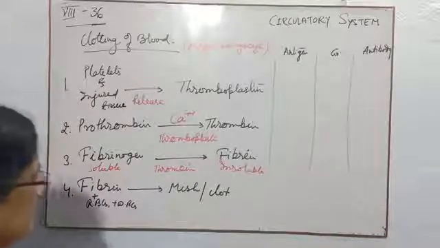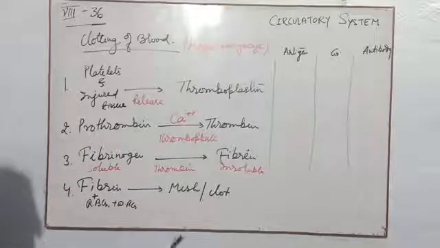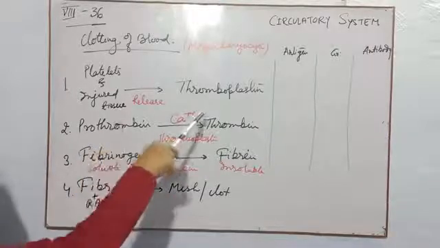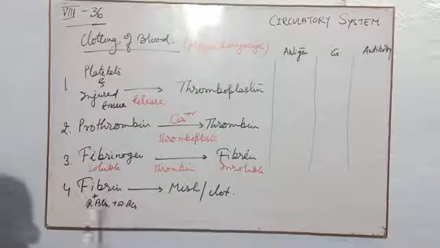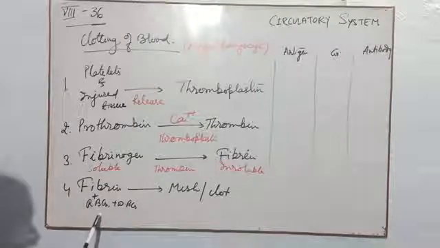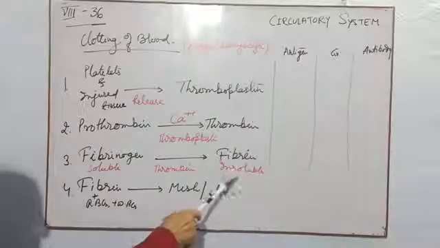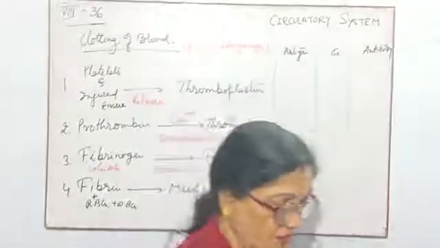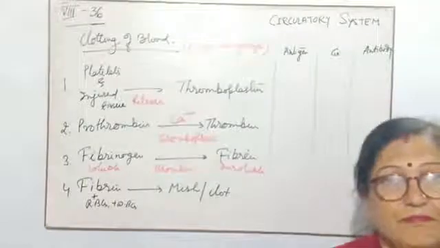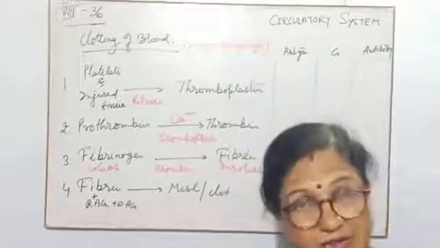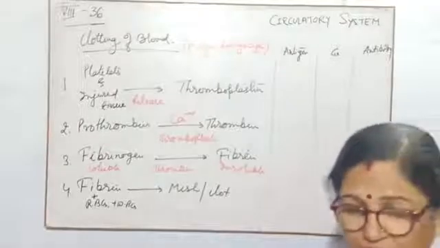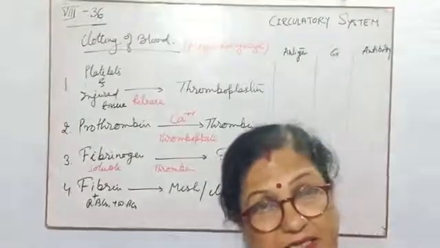So after the third step, when fibrin, the insoluble protein, is formed, then in our blood there will be no platelets, as they have released it. Other cells are there, RBCs and WBCs. Along with that fibrin, they form a mesh or a network of fibrin, and along with that network, all the blood corpuscles are entangled in it.